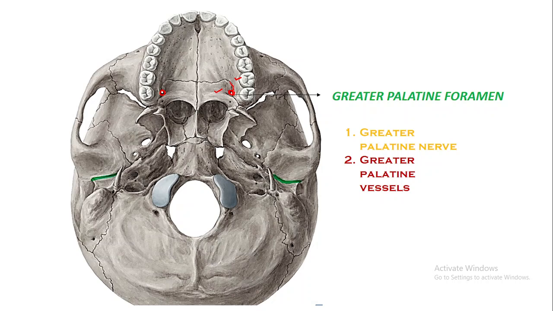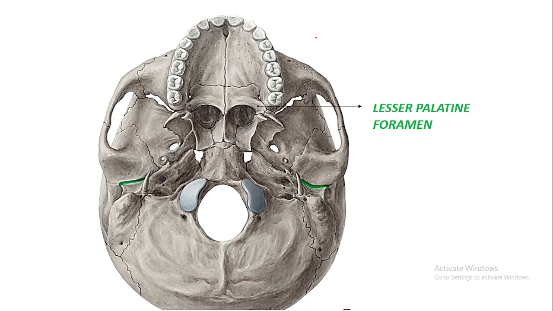For any procedure of the posterior part of the maxilla, for anesthetizing the palate, a greater palatine nerve block is given. So this is the site for local anesthesia. And it is also important to be considered whenever there is any hemostatic procedure or treatment of neuralgias.